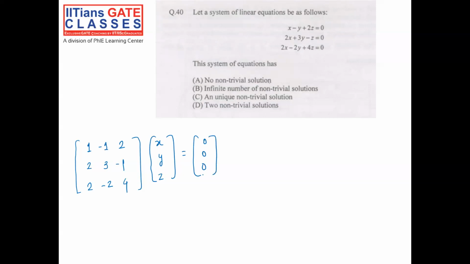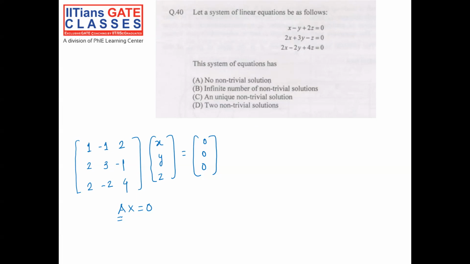So we can clearly see this is a homogeneous system of linear equations, or we can say it's in the form of AX equal to 0, and we have to check the rank of matrix A or the determinant of matrix A, and on that basis we will tell what kind of solutions are there for this system of linear equations.